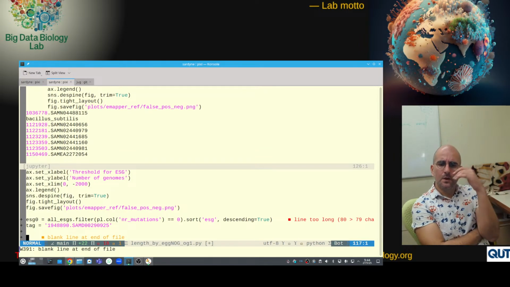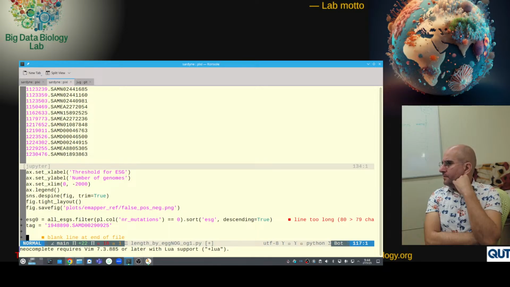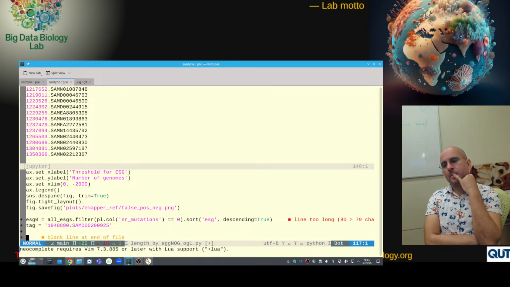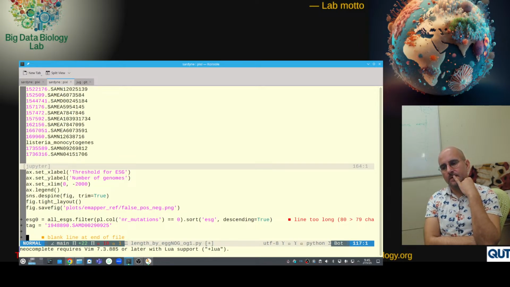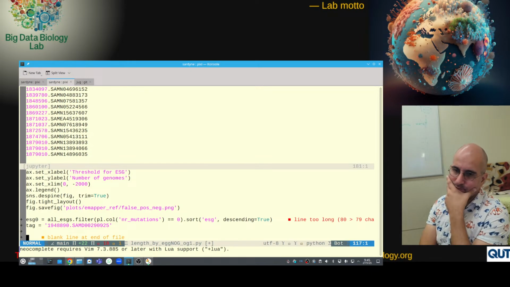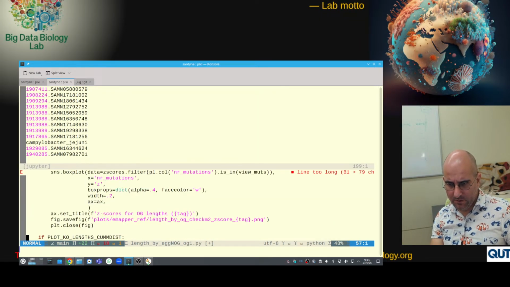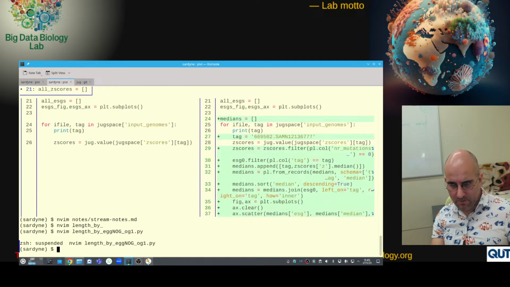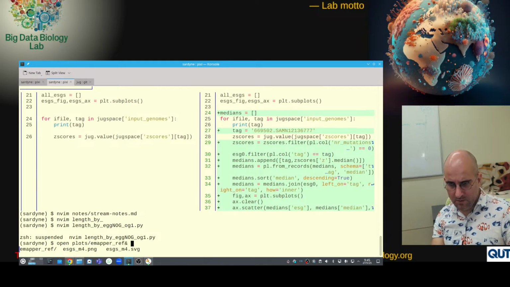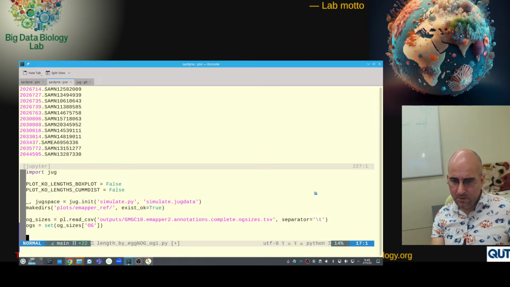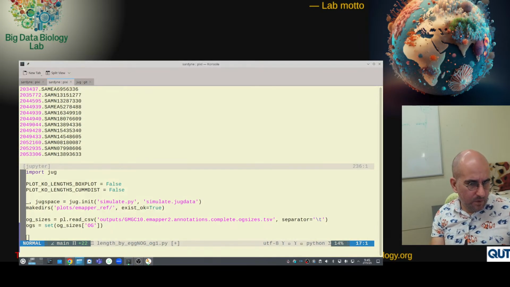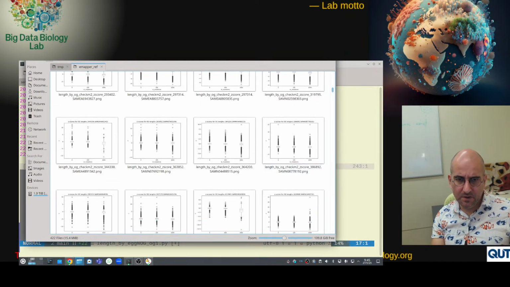This loads everything. So these are the plots we have generated.